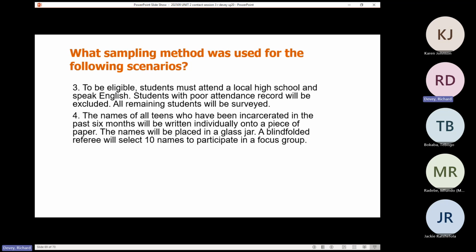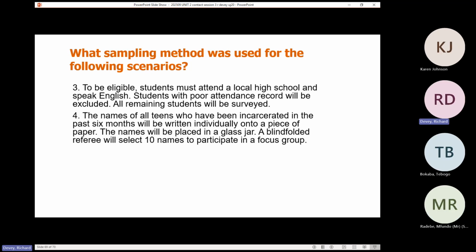So to be eligible, students must attend a local high school and speak English. Students with poor attendance record will be excluded. All remaining students will be surveyed. What kind of sampling is this?